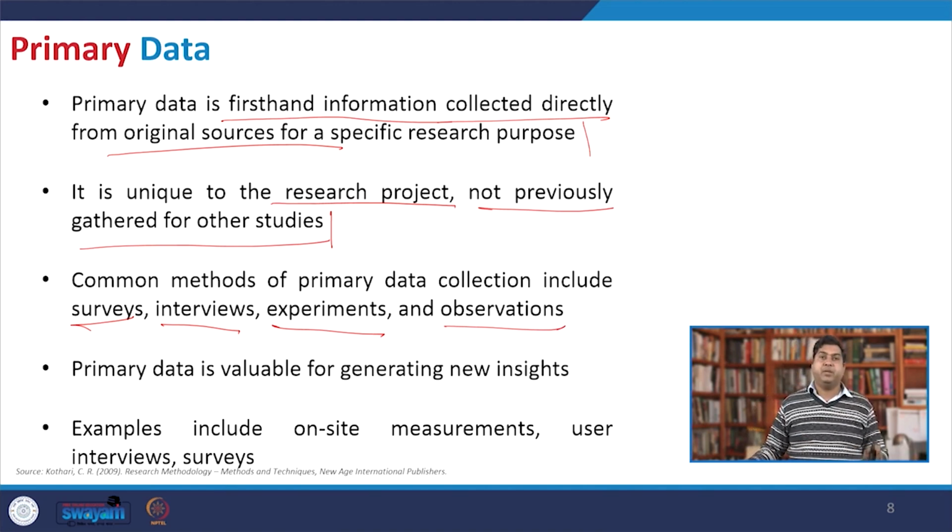The only thing is that with primary data collection, this is the first time I am getting this information, nobody else in the past has collected it for some other purpose and I am using it. My research may require, say, population information, and normally we refer to the census document for any particular study area.